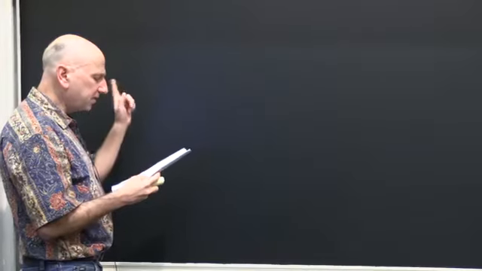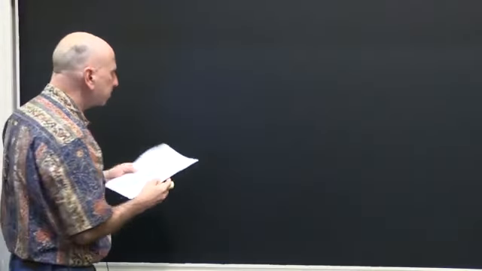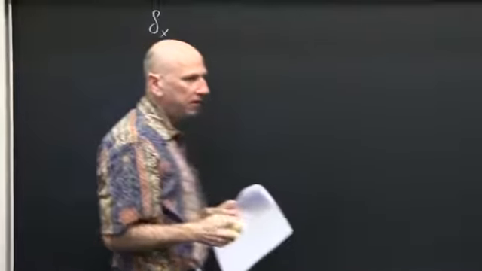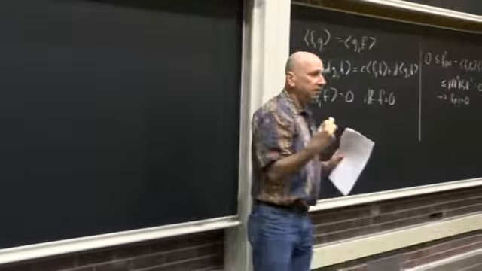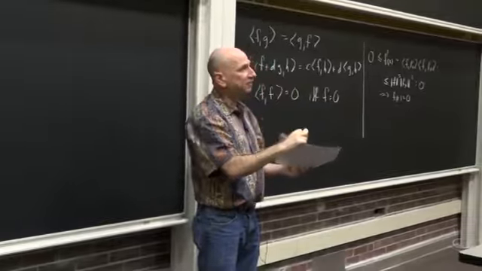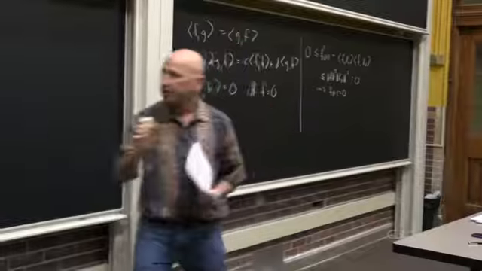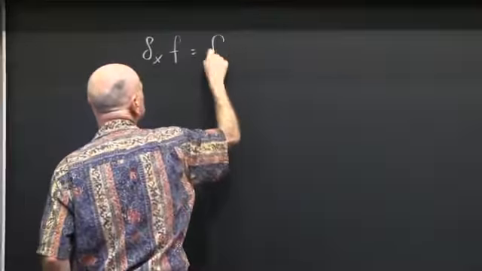Let me explain what I mean. So I talked about this on Tuesday. What is the evaluation functional? You think of it as an operator that takes a function. Think of it as a computer program. You give it a function, and all it does is evaluate that function at a particular x. So delta x operating on a function is equal to f of x.